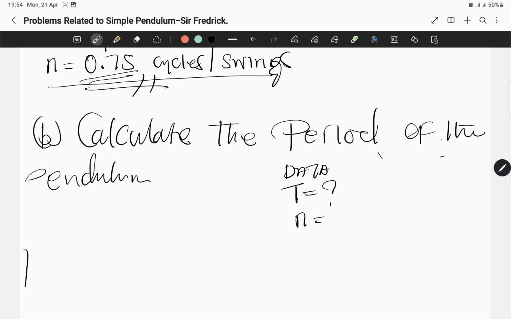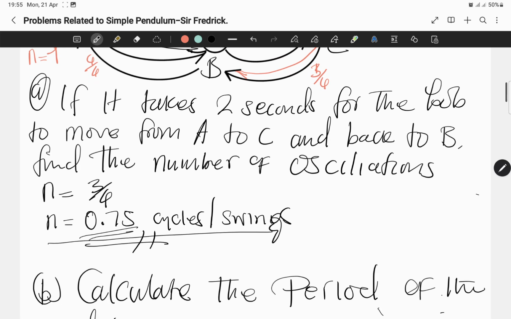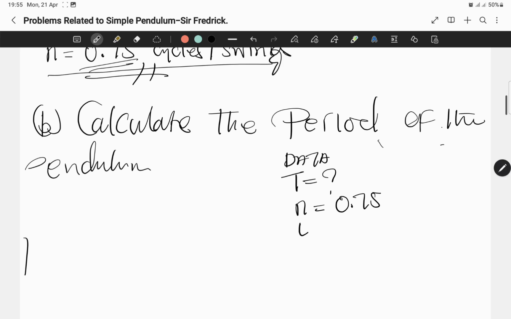The number of oscillations we found, because our bulb moved from A through B and back to B, is 0.75. Then the time given in the question, which said it took 2 seconds, so time taken was 2 seconds.